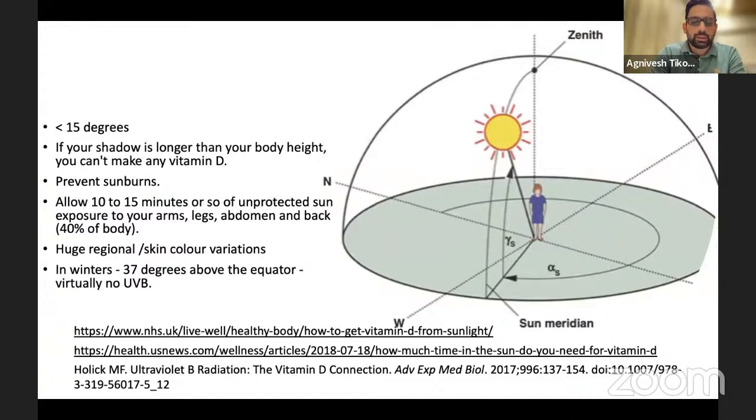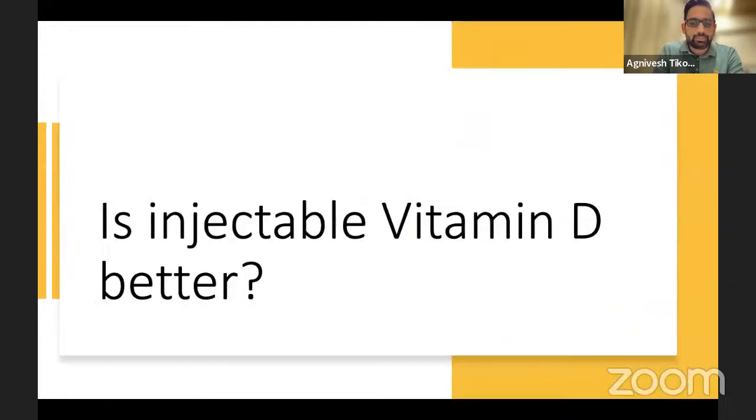So there is a general tendency that we all are deficient in vitamin D, because we do not get this level of exposure. Walking in the morning sun or evening sun does not form the vitamin D in the body. It is not adequate to have that level of penetration that it can convert the cholesterol into the vitamin D.